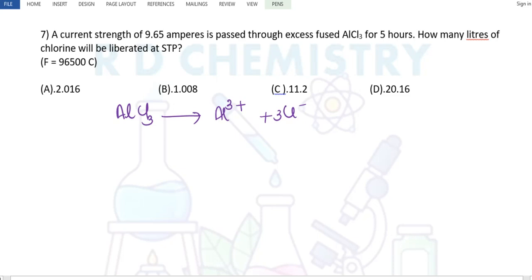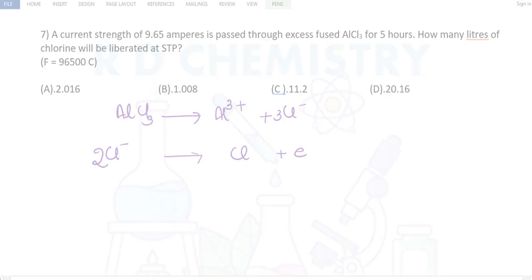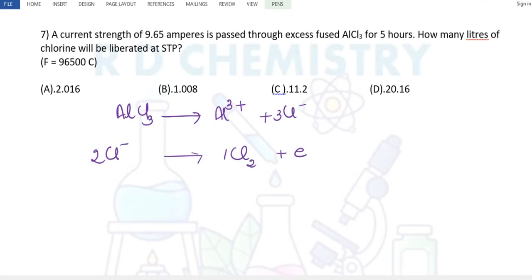Chloride undergoes oxidation, loss of electron. 2 chloride can give 1 mole of chlorine gas, and to balance the equation, I should have 2 moles of electrons here.